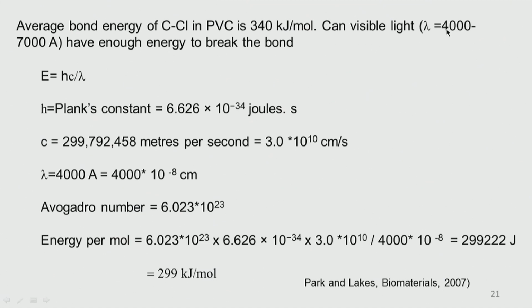So, if I am using visible light of wavelength 4000, then I will not be breaking this C-Cl, but if I am going down say maybe 3000 or less, then the bond between C and Cl can break. Okay. So, this is also another very interesting problem worth pondering about.